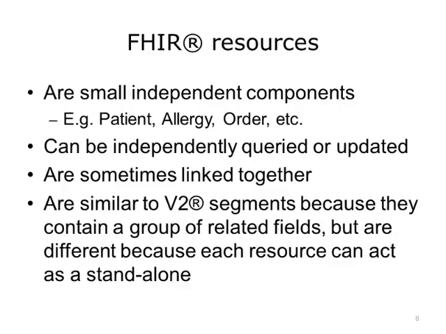Resources can be independently queried or updated. Sometimes resources are linked together, which could be preferable because you have the context and associations for the information. Resources are similar to V2 segments because they contain a group of related fields, but resources are different because each can stand alone and be exchanged independent of other resources.